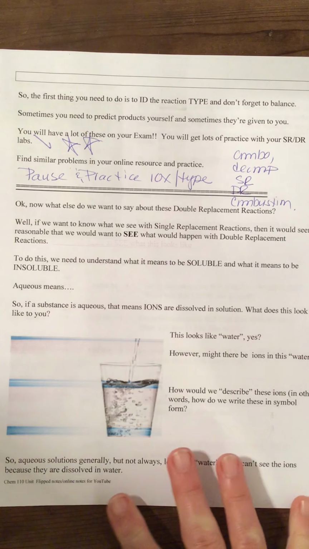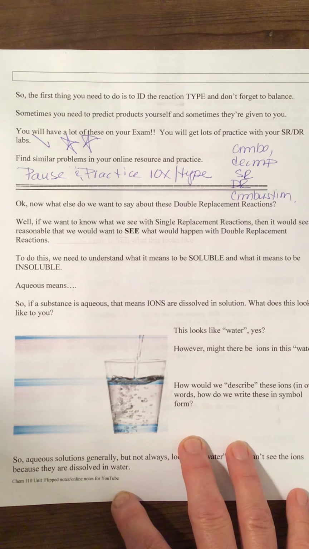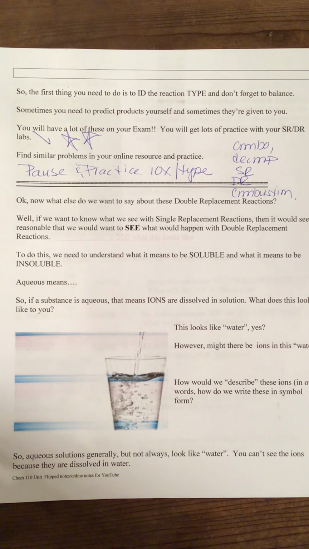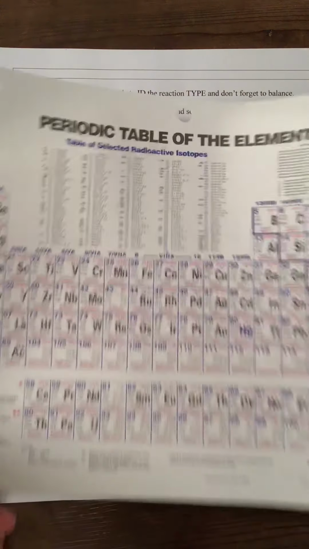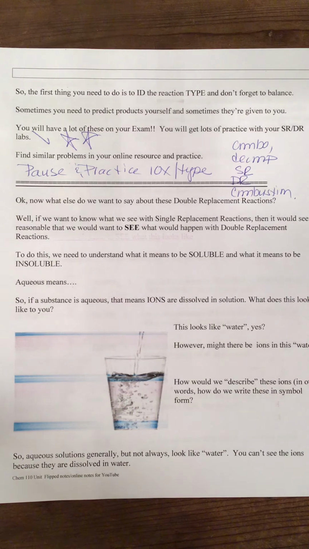Okay, so you don't want to go forward until you have done this, because when we come back in your next segment, we have to say more about these reaction types. So what you're going to want is, in addition to your periodic table that you always have handy, is you're going to want to have your solubility table handy, because we're going to need that next.